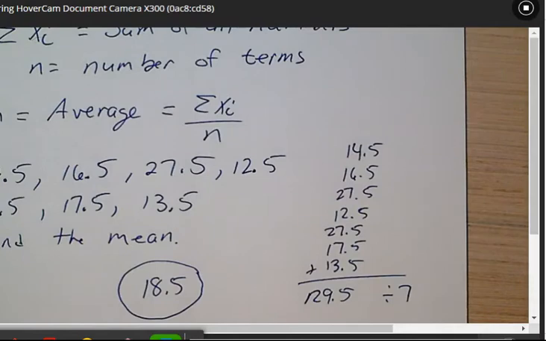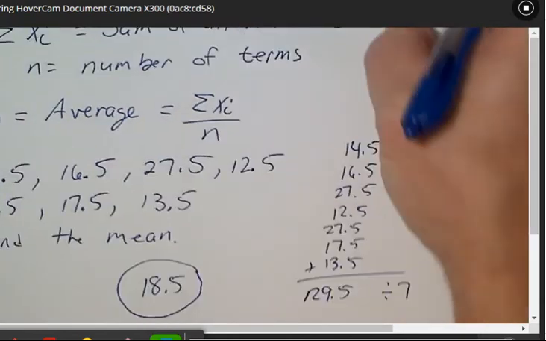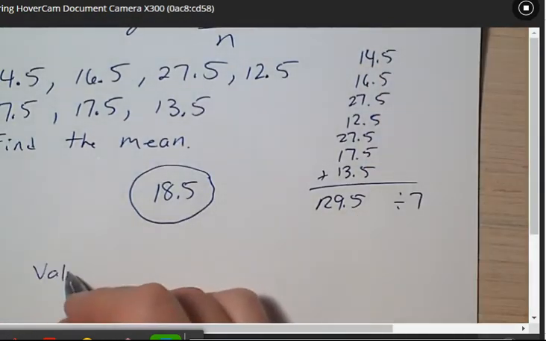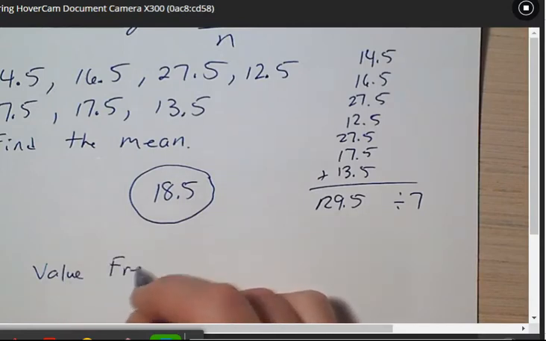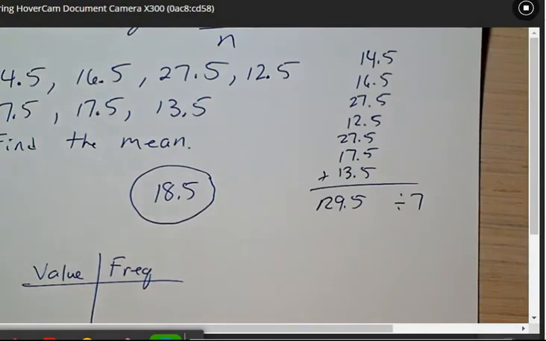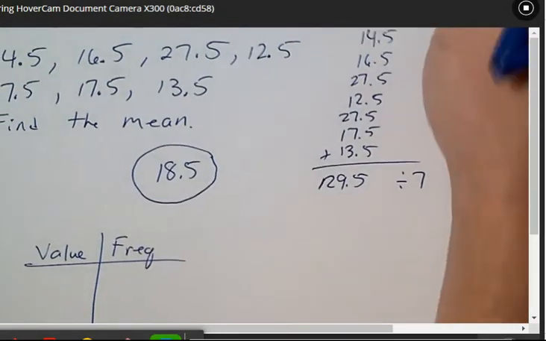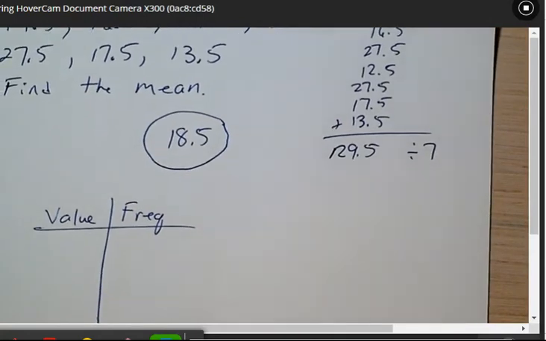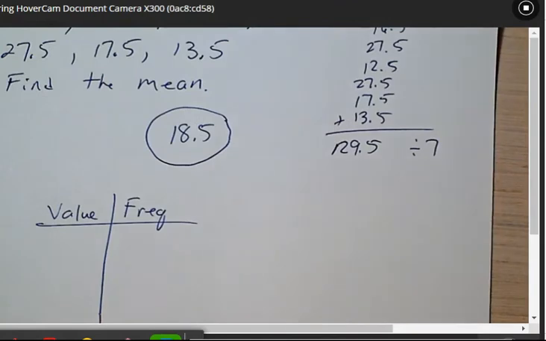Okay, pretty straightforward. Now, the one thing that they will do that will be a little bit different, where they'll ask you to find the mean, just to show you a different kind of question, is that they will give it to you in not quite a stem and leaf, not quite a group frequency distribution table. It's more like an individual frequency table.